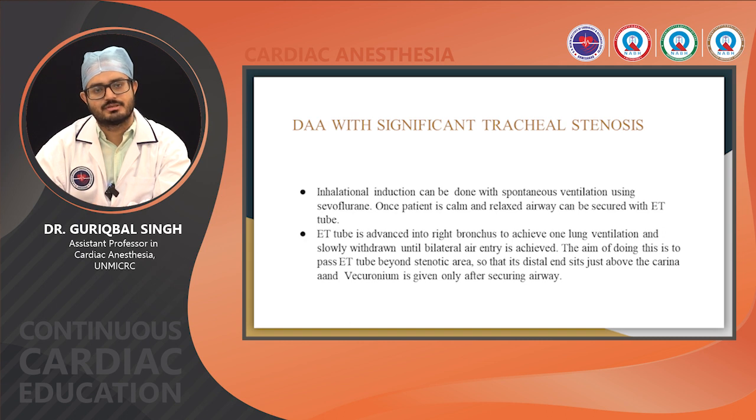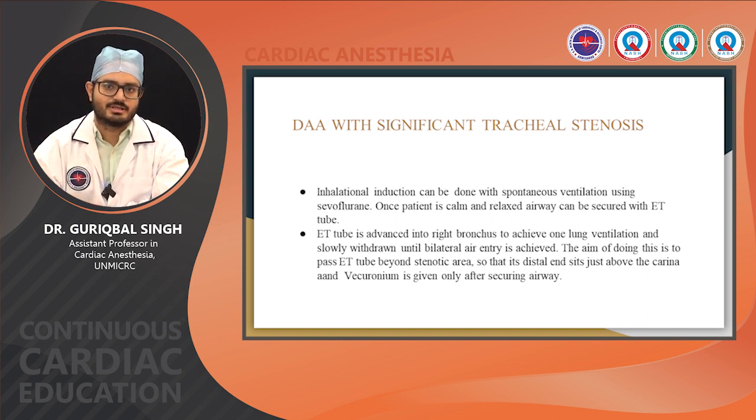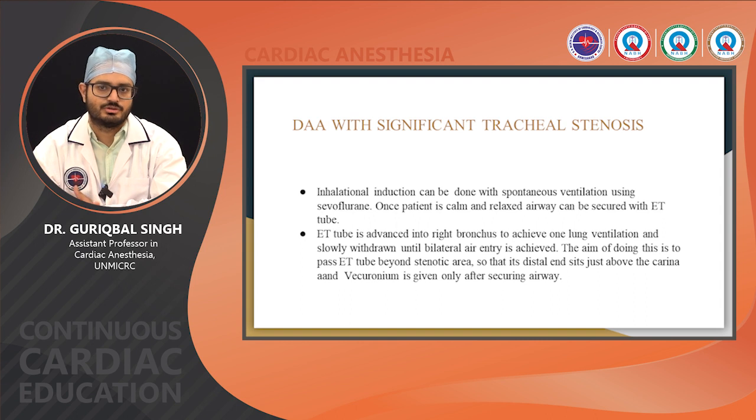So when there is a mild tracheal stenosis which will not hamper passing the endotracheal tube beyond the compression, it is straightforward, but if there is significant stenosis, we may have to proceed with inhalational induction, achieve one lung ventilation and slowly withdraw the tube to make sure that endotracheal tube sits beyond the region of stenosis.